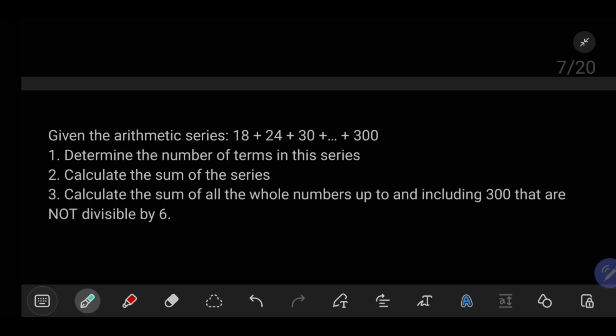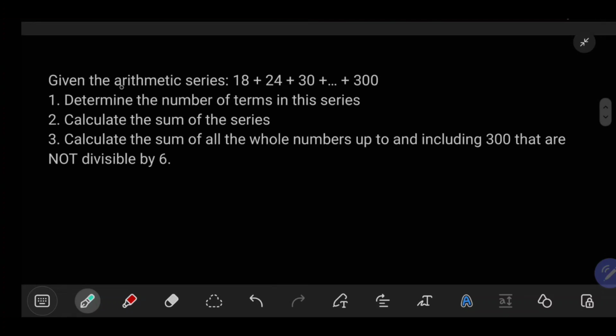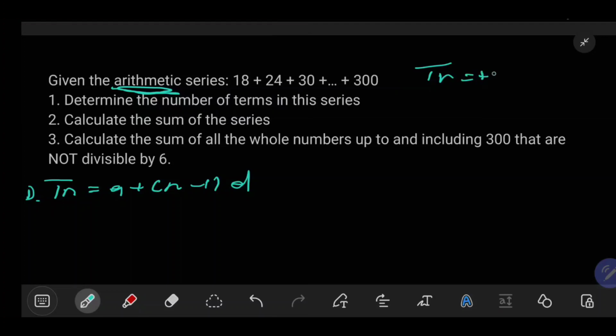In this case we're still talking about an arithmetic series. To find the number of terms, we use the old way that we know: Tn equals a plus n minus 1 multiplied by the difference. We're answering number 1. We know that our Tn value is positive 300, and we want the position of this value.